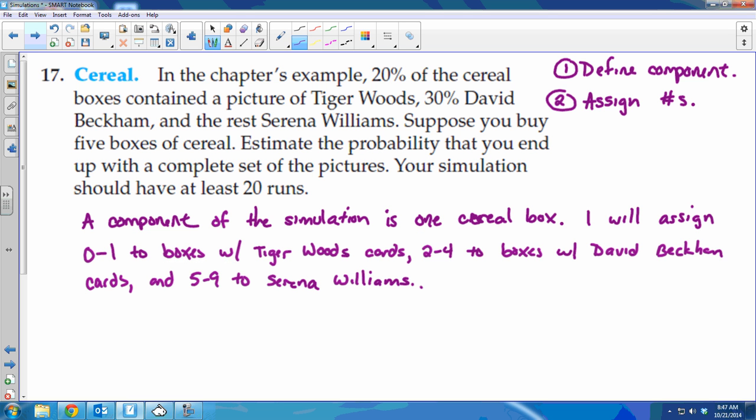After you've assigned numbers, what should you do? Right, set up the trial. So what would a trial look like?